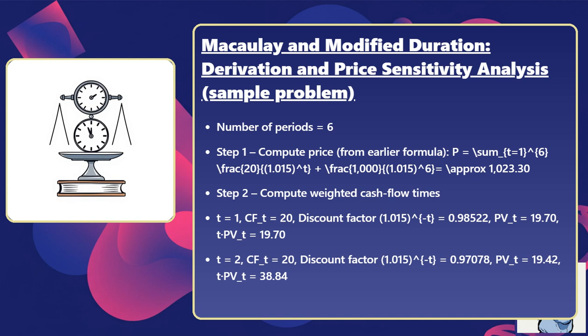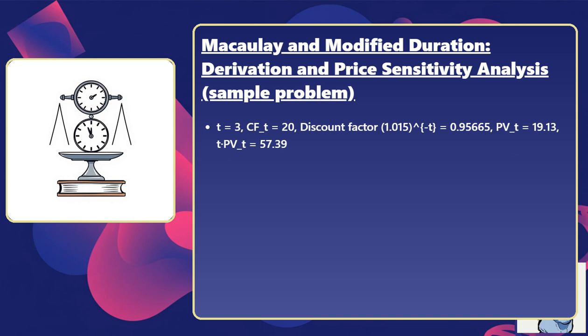Present value 19.42. T times present value 38.84. T equals 3, cash flow 20, discount factor 1.015 to the minus 3 equals 0.95665. Present value 19.13. T times present value 57.39.